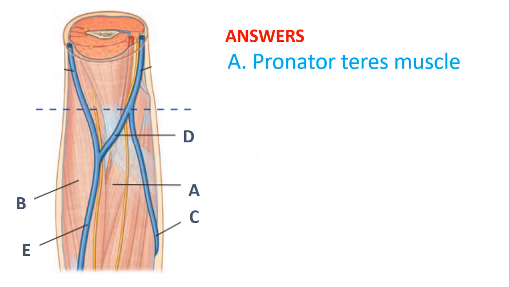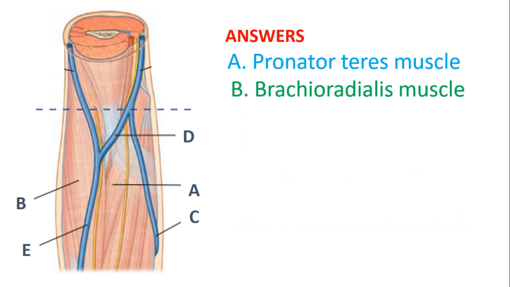A is the pronator teres muscle, which is one of the muscles that make up the anterior compartment of the forearm. This muscle is normally innervated by the median nerve, and it comes from the medial epicondyle region. Then B is the brachioradialis muscle.